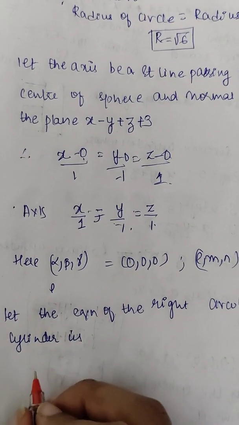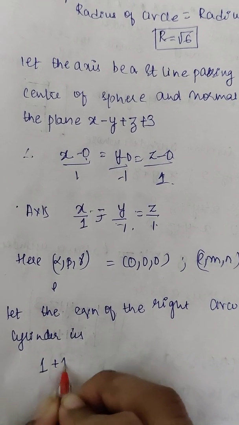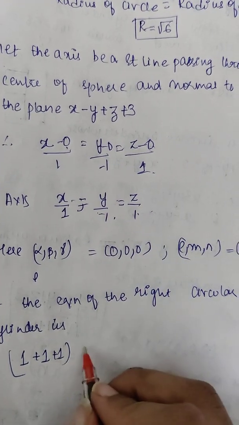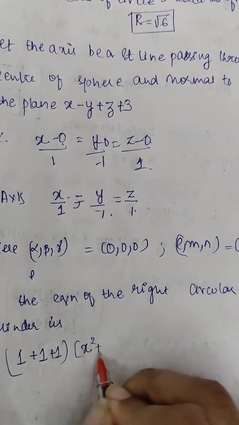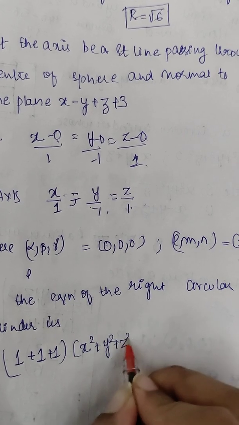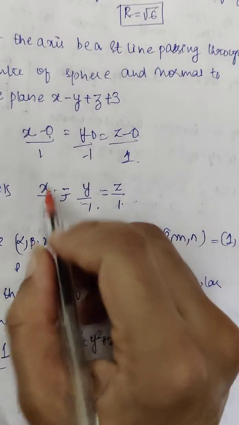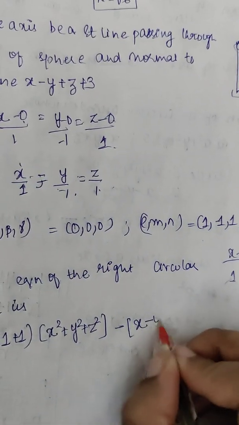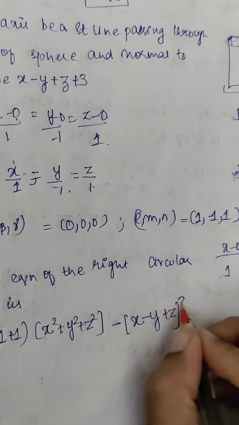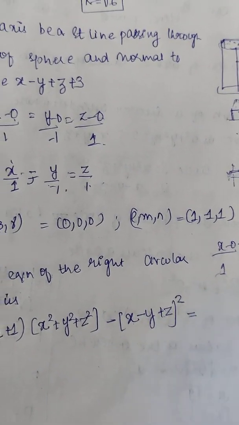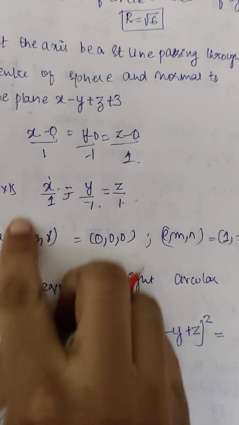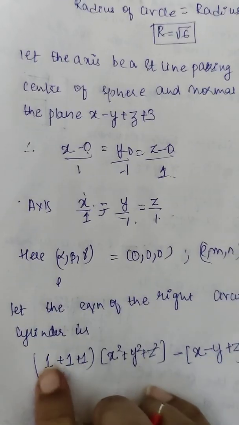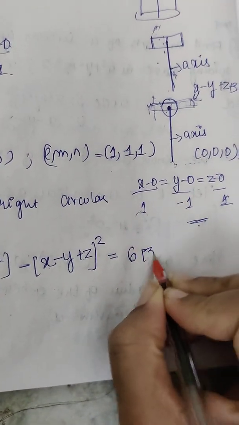You all write down the formula, girls. 1 plus 1 plus 1 into x square plus y square plus z square, minus, multiply 1 into x is x, minus y plus z whole square, which is equal to r square, 6 into l square plus m square plus n square, which is 3.